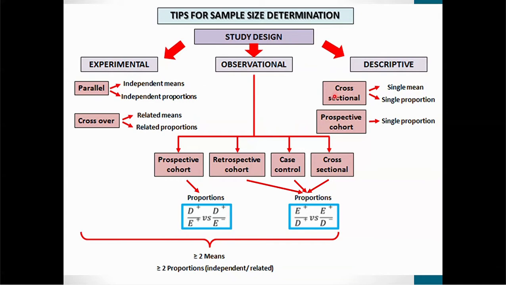If you just want to determine the mean, or the prevalence, then we use descriptive. If you are interested in the numerical, then it will be single mean. If you are interested in the proportion, then we use the single proportion formula.